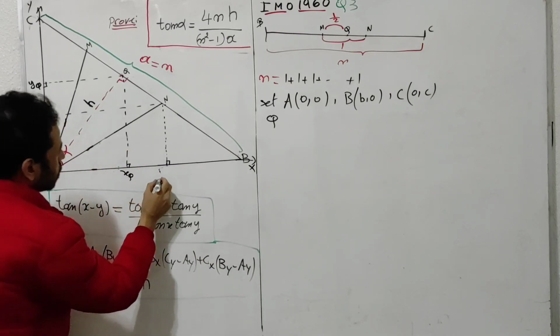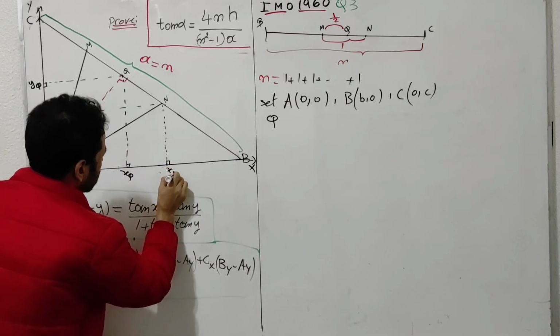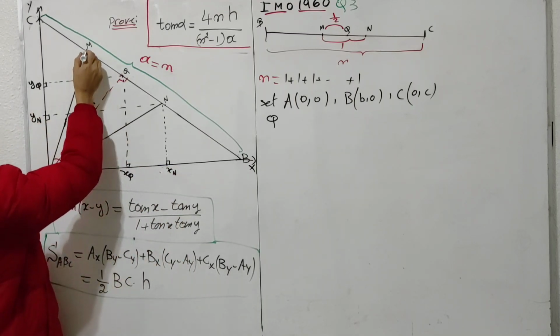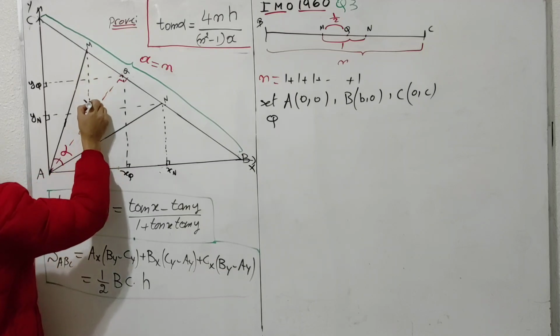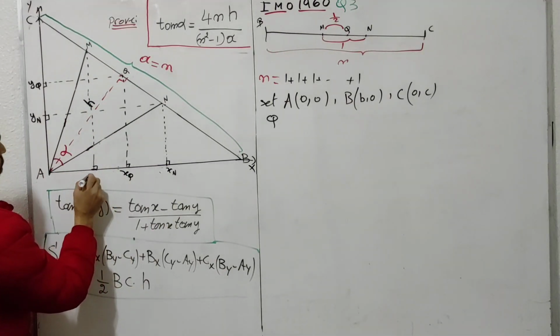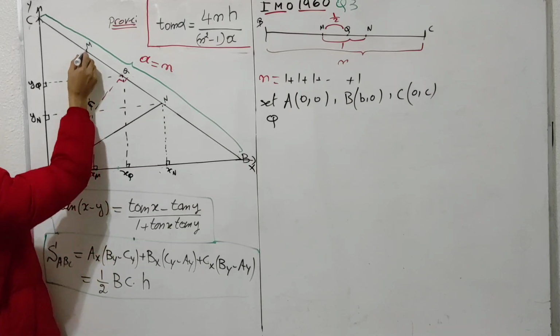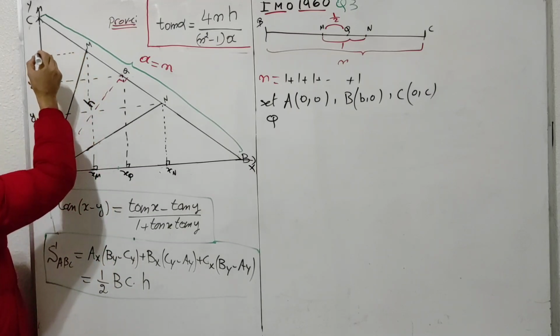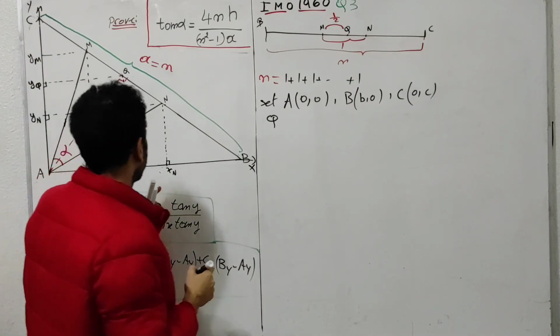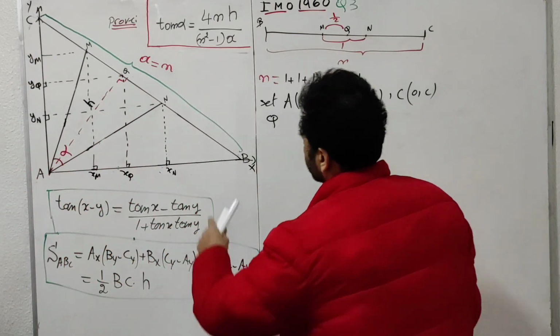For the point N, I will have xN and yN as the output. For the point M, by doing the projection line on the segment AB, I will get xM and yM.